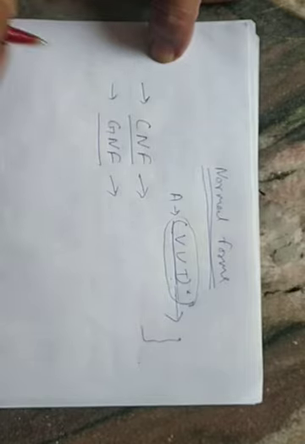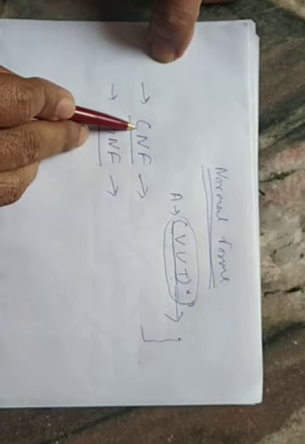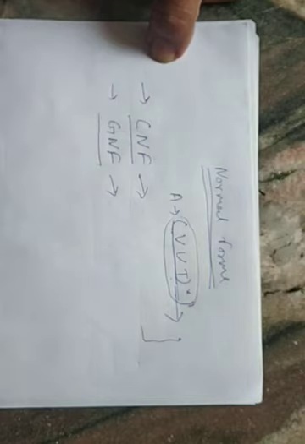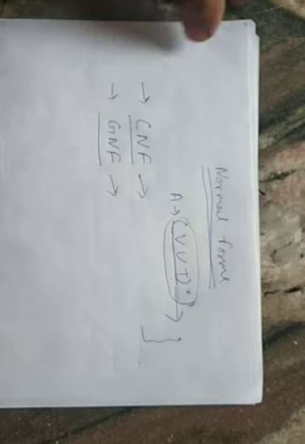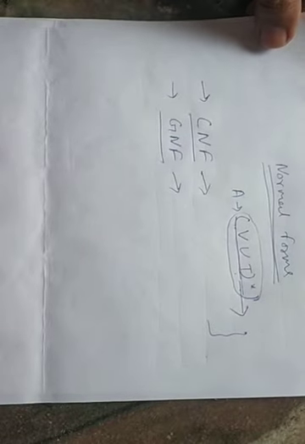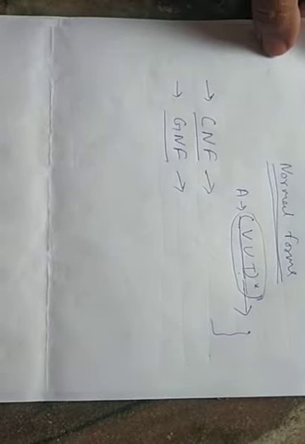But before we move into CNF, there are certain prerequisites. Grammars can have certain defects, so first we need to remove the defects from the basic grammar, and then move into normalization with respect to the techniques.